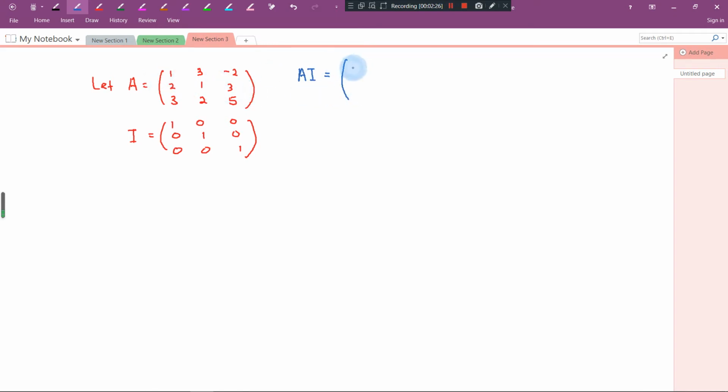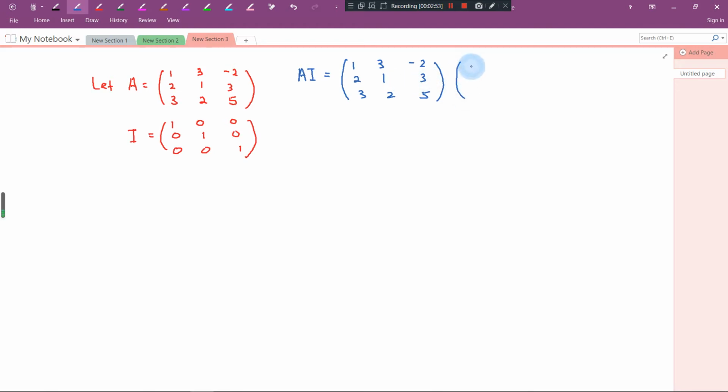Copy down first. 1, 3, negative 2. 2, 1, 3. 3, 2, 5. You can pause the video and try to do the multiplication. You should be able to get back this matrix A. If you get a matrix which is different from the matrix A, it means that you made some mistake.